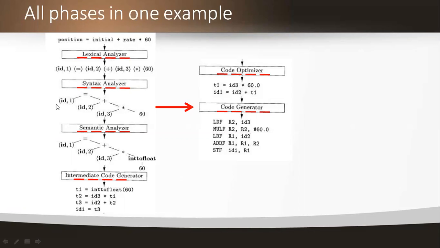See, ID1 is an operand, and the root node is an operator. ID1, ID2, ID3 are the operands, so these are all the external nodes, along with the real number value 60. Equal to, plus, and star are the operators. And this is a parse tree structure.